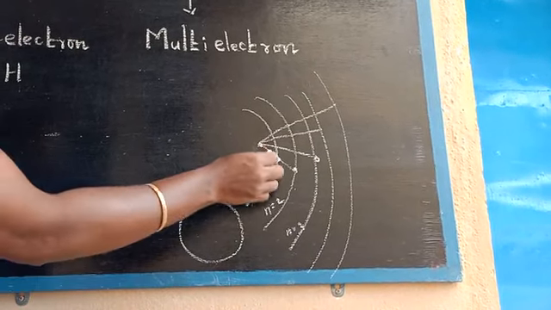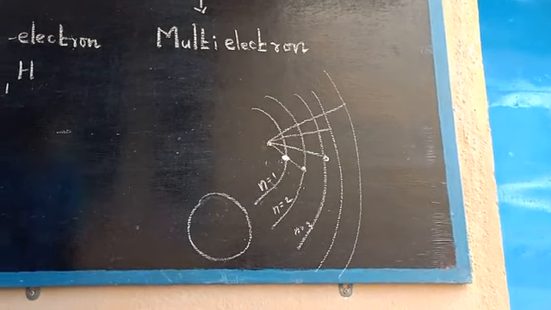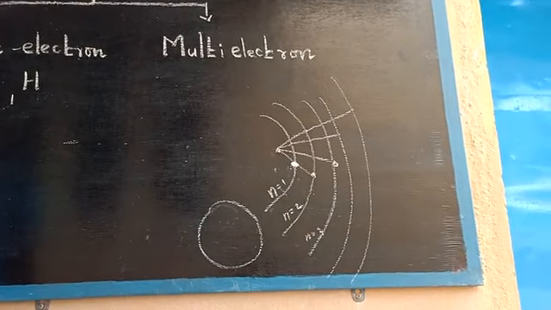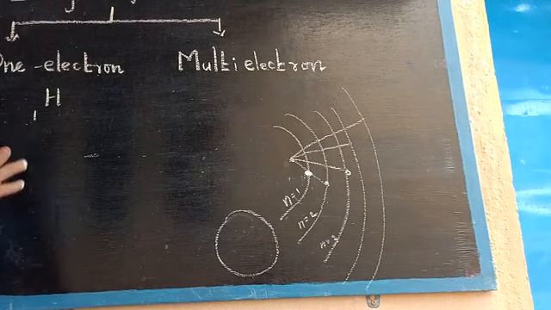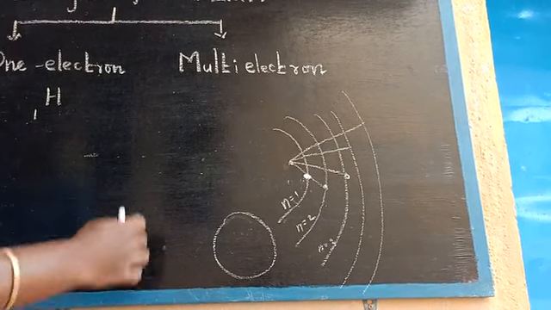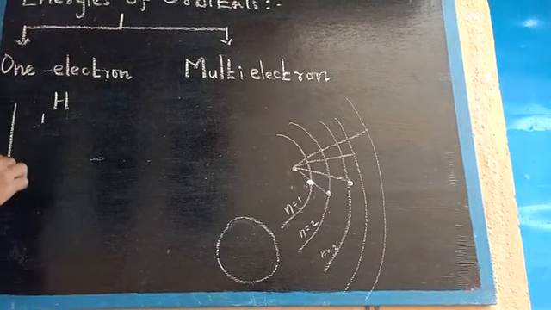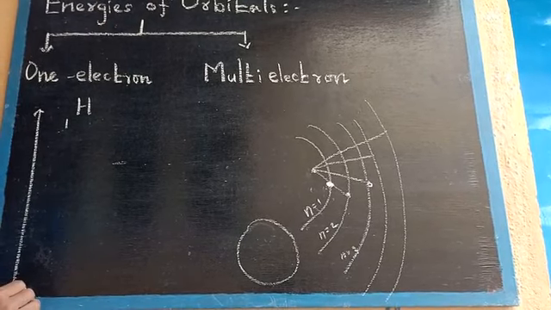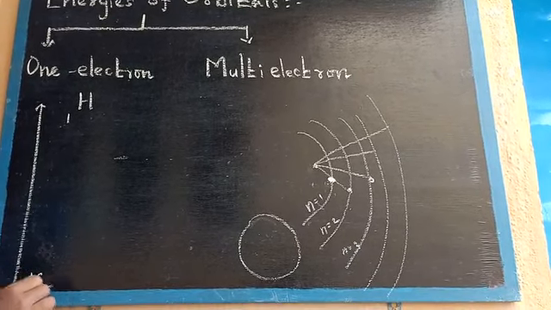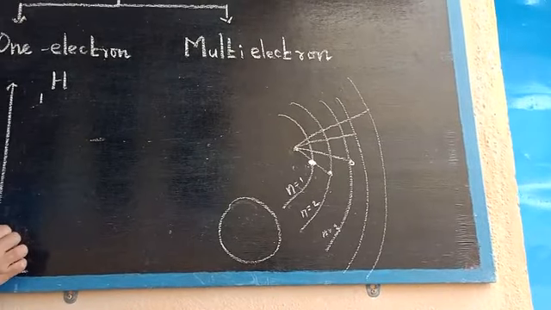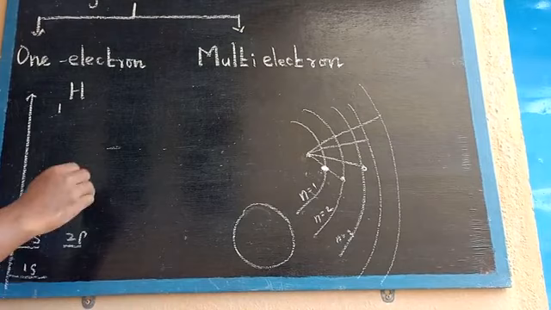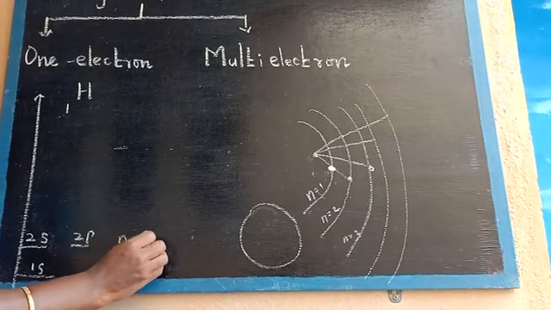Okay, so now more attraction takes place between the nucleus and the electron. The energies are arranged in increasing order of energy. First shell, 1s orbital, and then second, 2s orbital and 2p orbital, for n is equal to 2.